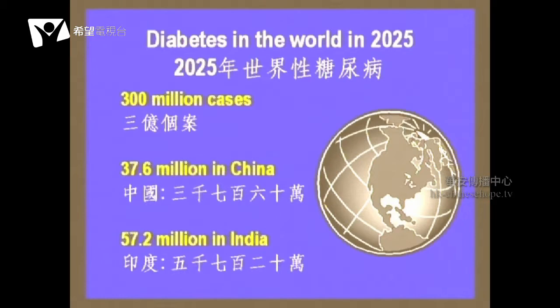At least 37 million people in China will have diabetes. And worse, 57 million in India.